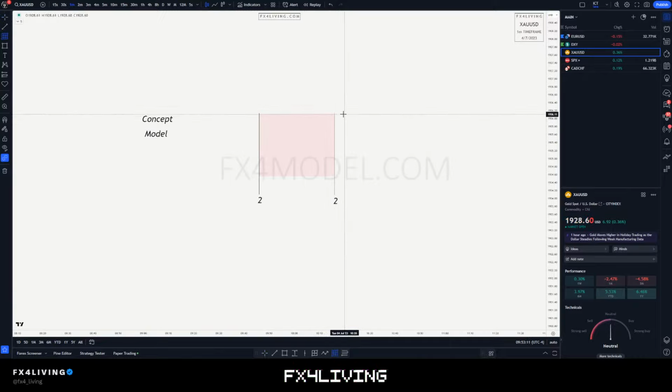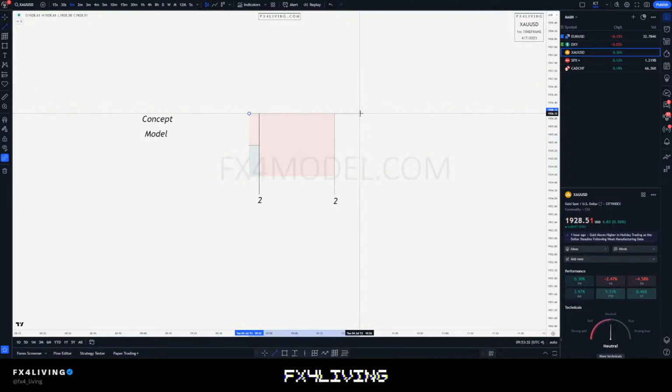All right, perfect. I can identify my discount and premium level from this range, because I want to decide where's the premium of this range and where's the discount of this range, right? This is already simple, pretty simple.